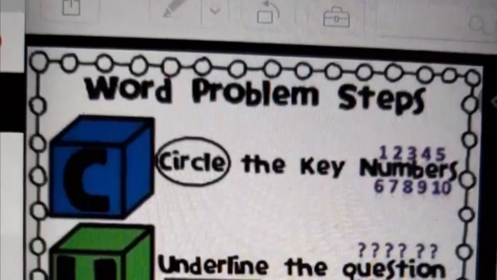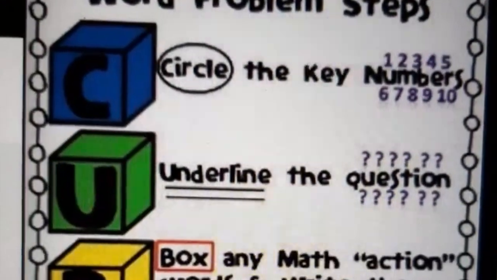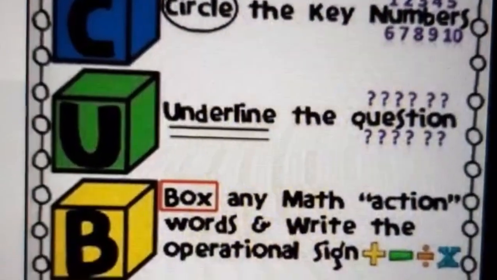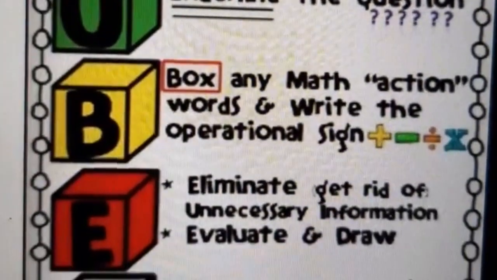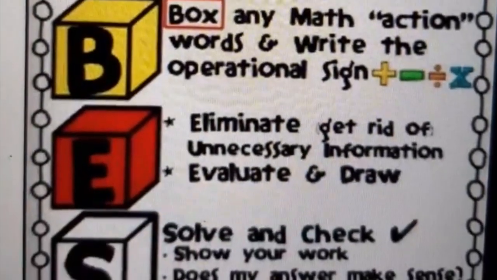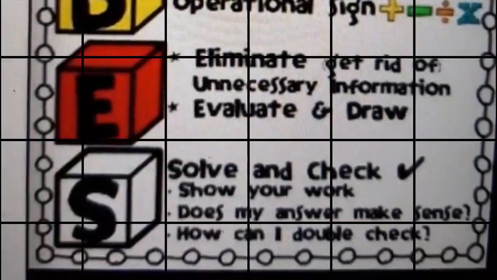Remember, when you're doing cubes, you circle the key numbers, underline the question, box any math action words, and write the operation sign. Eliminate unnecessary information, and solve and check.